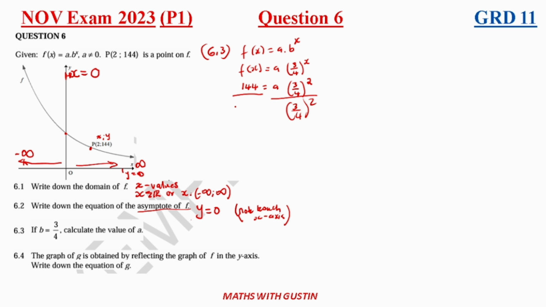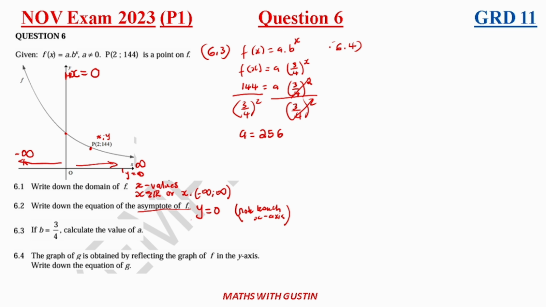We're just going to do this, and then that and that would cancel out. Therefore a is going to be equal to, if you punch that into our calculators, I'm getting 256. If you're getting something different, please let me know in the comment section below, but that's what I got. All right, let's move on.